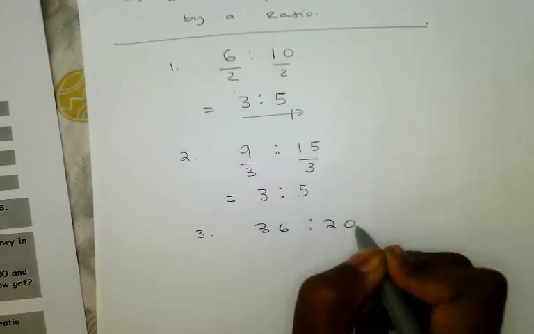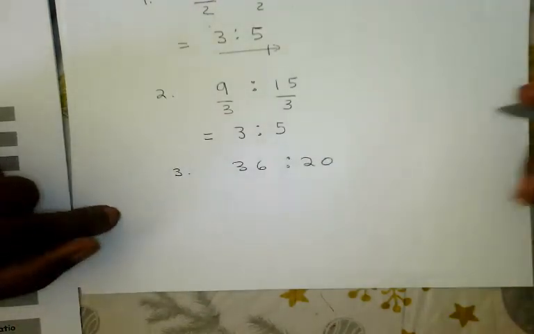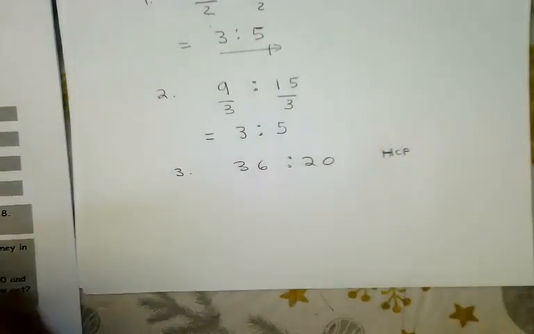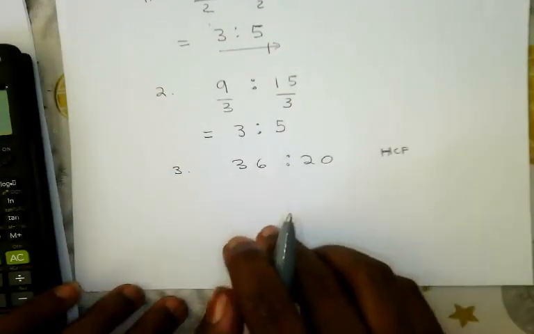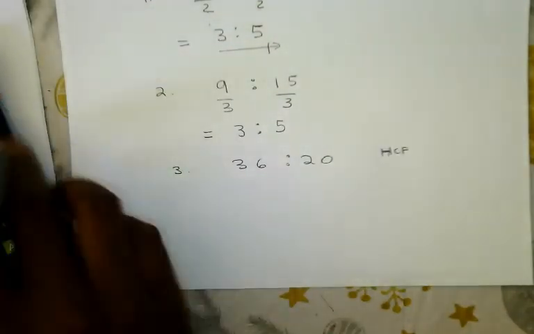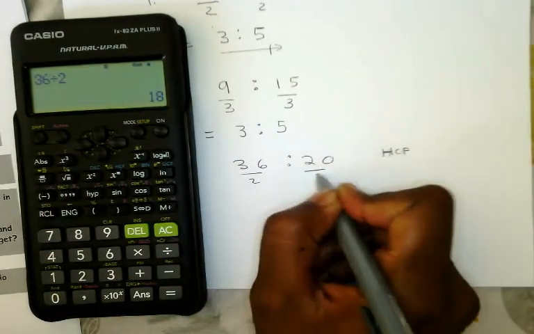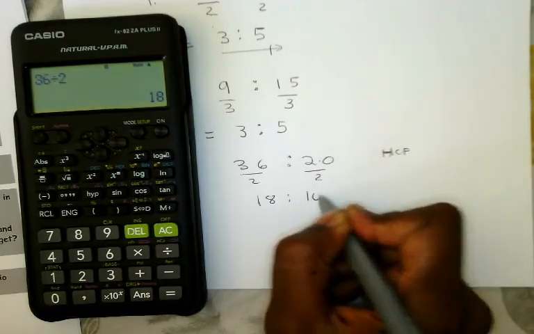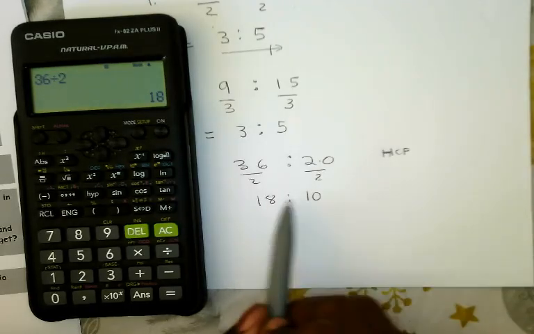36 and 20. Okay, let's look at this one. Maybe you don't know that highest common factor right away. So we're going to do trial and error. We're going to try to divide this by certain numbers until it's simplified. Let me divide both by 2. So you see, if I divide both by 2, 2 goes into 36, 18, 2 goes into 20, 10 times. But we can still see there's still a number that can go into both of them.